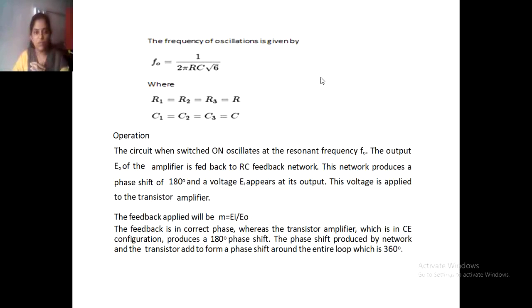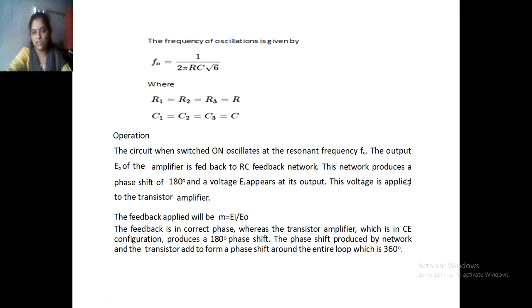Let us see the operation of the oscillator. The circuit, when switched on, oscillates at the resonant frequency f0. The output E0 of the amplifier is fed back to the RC feedback network.